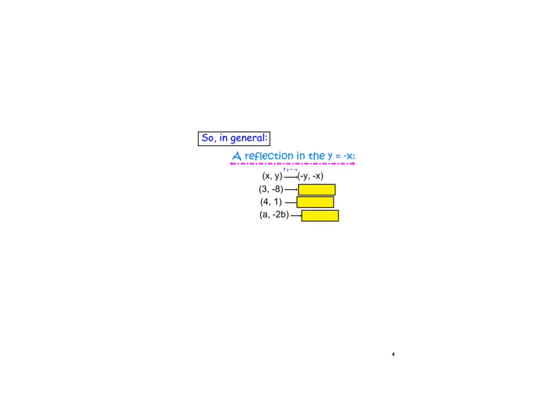So that being said, if we take a look at this one, (3, -8), I'm going to switch them first, and then I make them their opposite sign, then this would become (8, -3). The next one, we would get (-1, -4). They switch and turn opposite signs. And the next one would be (2b, -a).